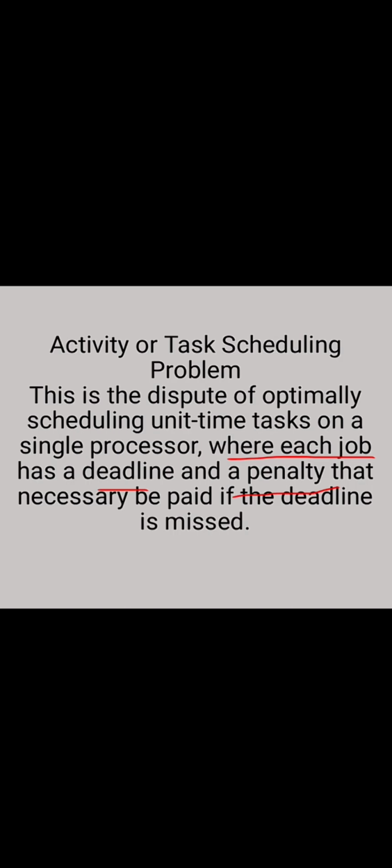So other definitions of task scheduling, we have the activity or task scheduling problem. This is the problem of optimally scheduling unit time tasks on a single processor where each job has a deadline and a penalty that must be paid if the deadline is missed.